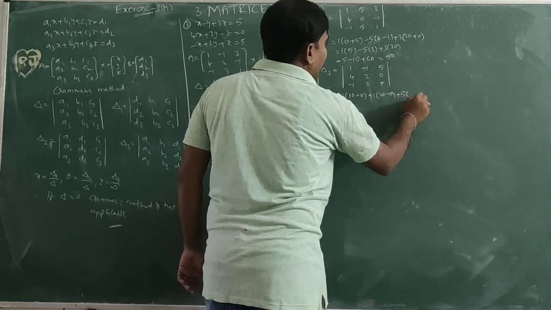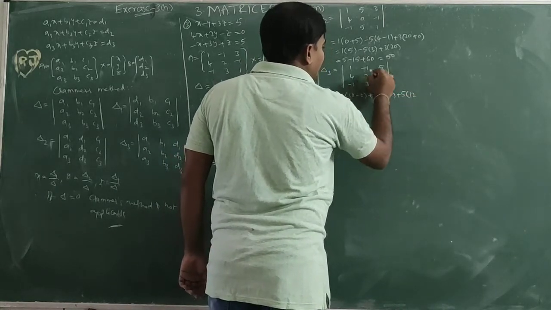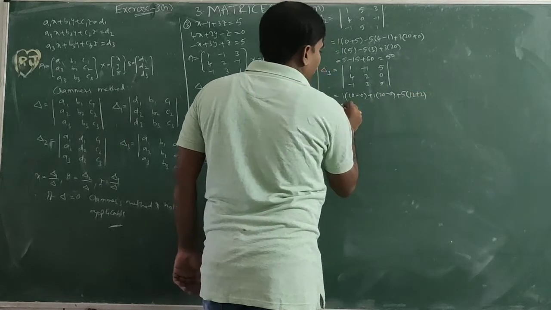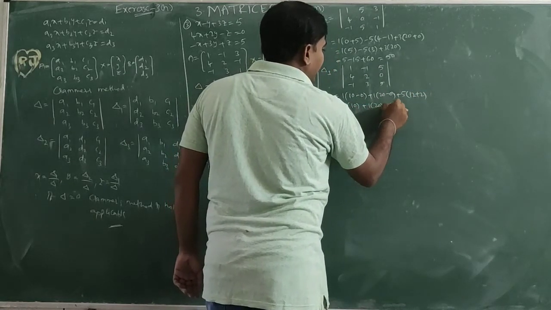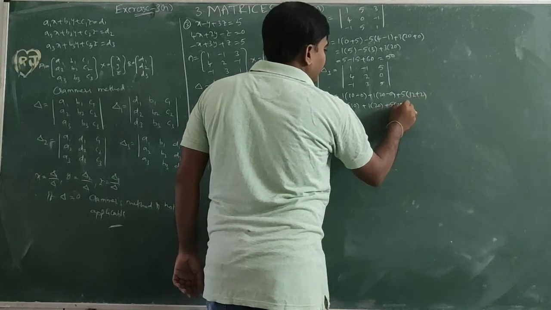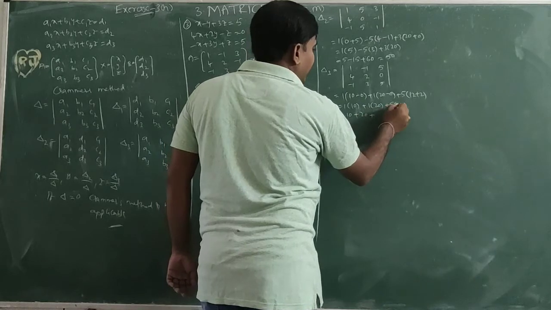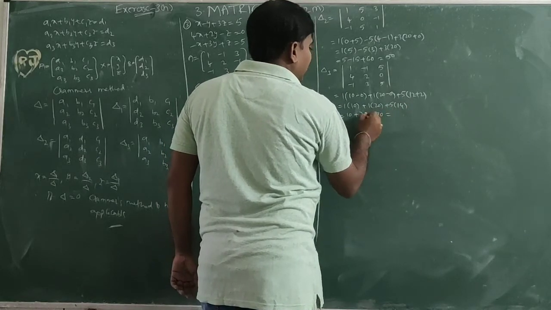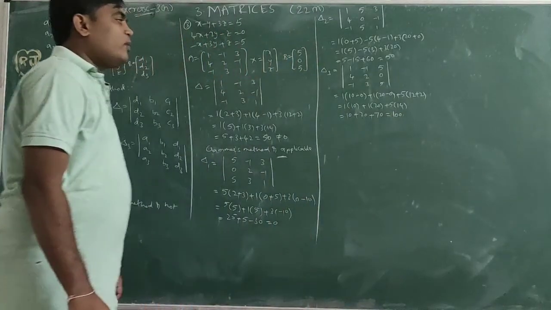Plus 5 of 4 into 3 is 12, minus 1 into 2 is minus 2, this side plus 2. 1 into 10, plus 1 into 20, plus 5 into 12 plus 2 is 14. 10 plus 20 plus 70, that is 100. Delta 3 equal to 100.